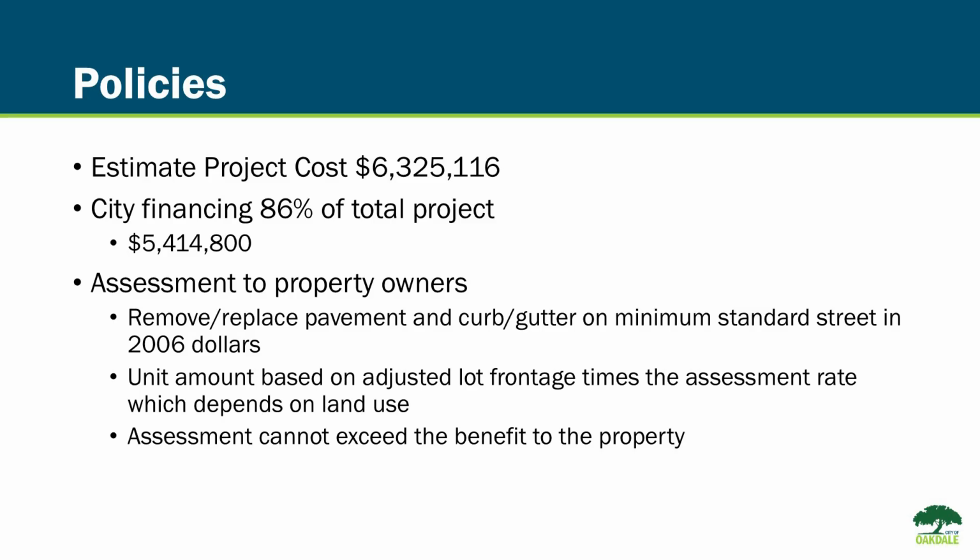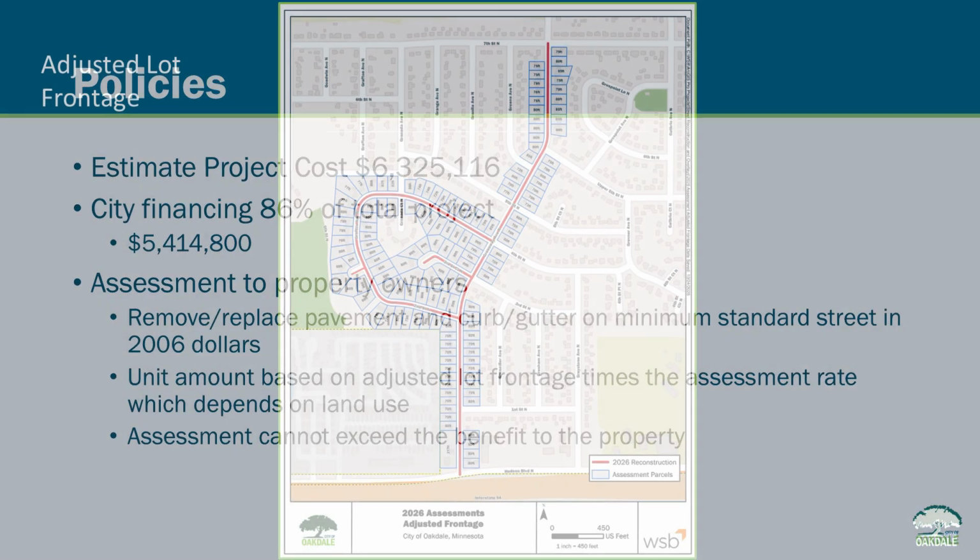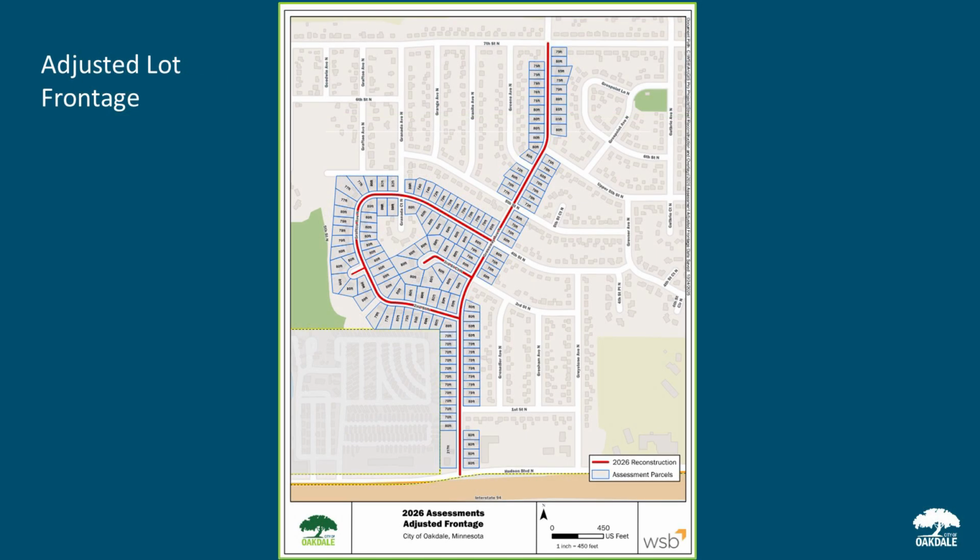There is one commercial industrial property on the corner of Hudson Boulevard and Greenway Avenue that would be assessed at the commercial assessment rate. It should be noted that the assessments cannot exceed the benefit to the property as determined by Minnesota case law. This is a map that shows the adjusted frontage of each parcel along the roadway improvements.